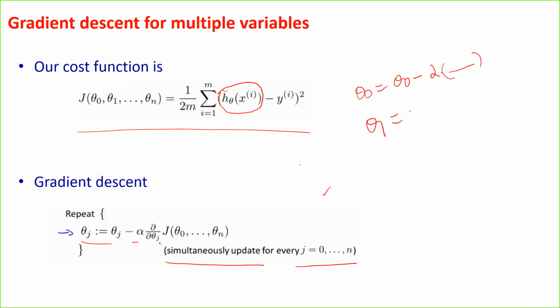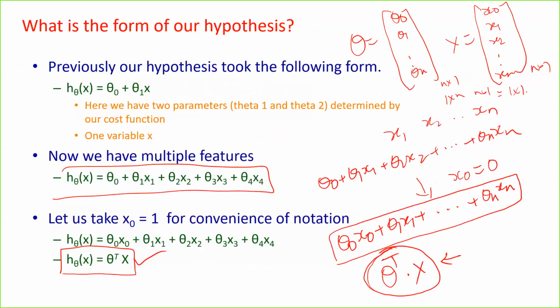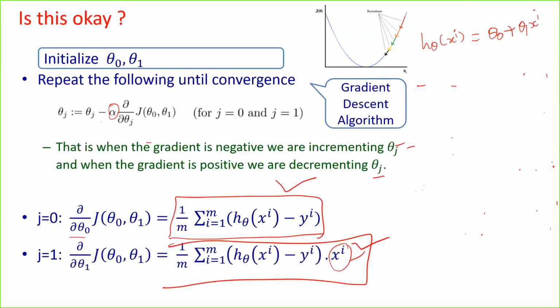Similarly, theta 1 equals theta 1 minus alpha times something, and so on, theta n equals theta n minus alpha times something. Here we say simultaneously update all of these. What do we mean by that? When you are updating theta 1, let's say, what is the update rule here? Look at this.